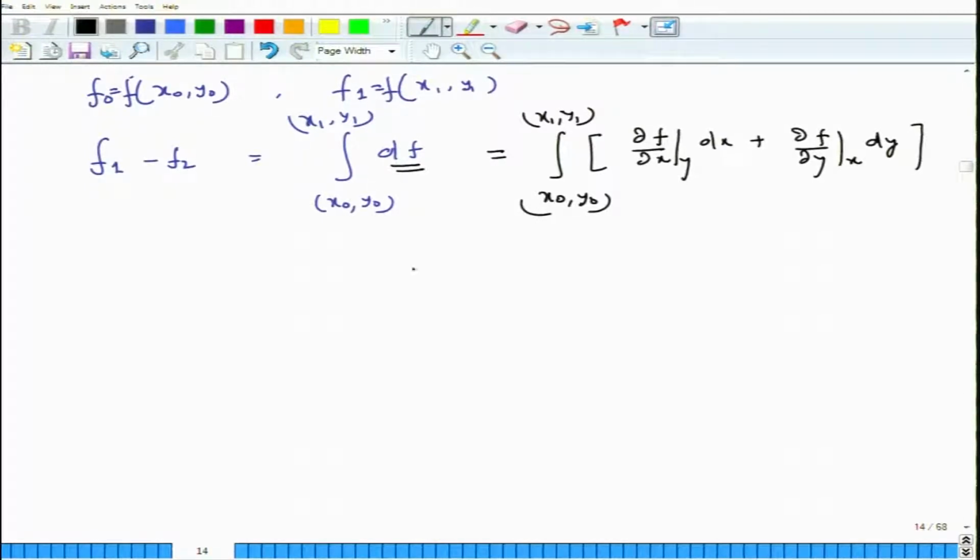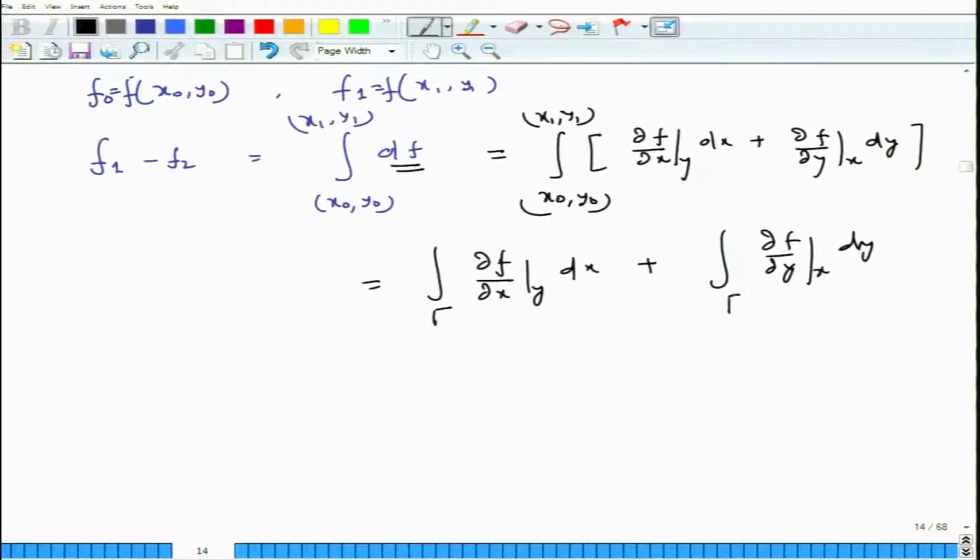Or in other words, you can also rewrite this as ∂f/∂x at constant y dx, where this integration is along this path, plus ∂f/∂y at constant x dy, again this integration is along this path.